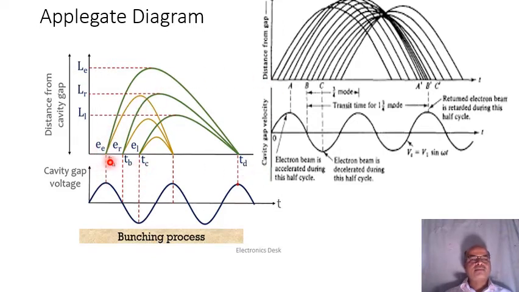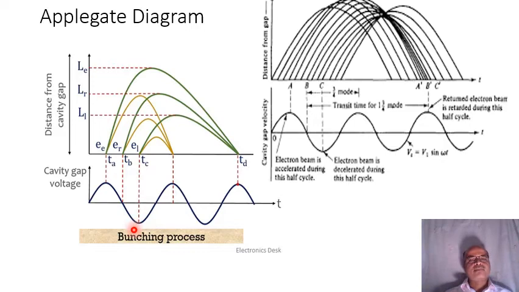First we have to mention here that E means early electron, ER means reference electron, and EL means late electron. This axis represents the time, and this y axis is the distance from the cavity gap. This is an early electron which has a more positive voltage. For the reference electron the voltage is 0, and for the late electron the voltage is more negative.